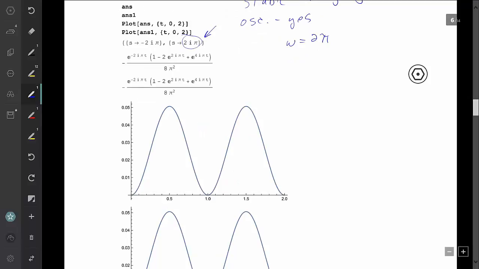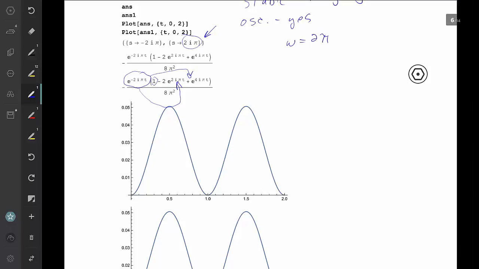If you look at the solutions now, if you multiply this one out, it's a little hard to see, but that times the 1 gives you an e to the negative 2 pi. This term times this term gives you a constant. And then this one times this guy gives you the e to the positive 2 pi t.